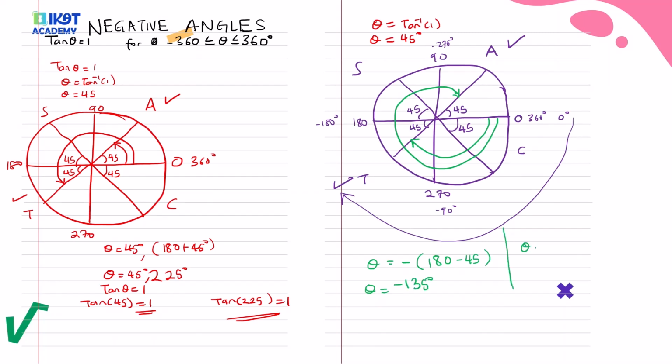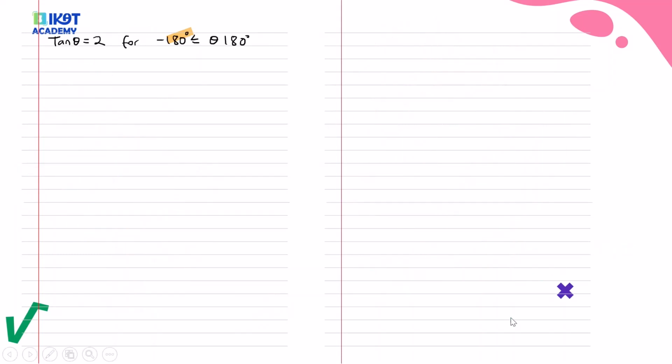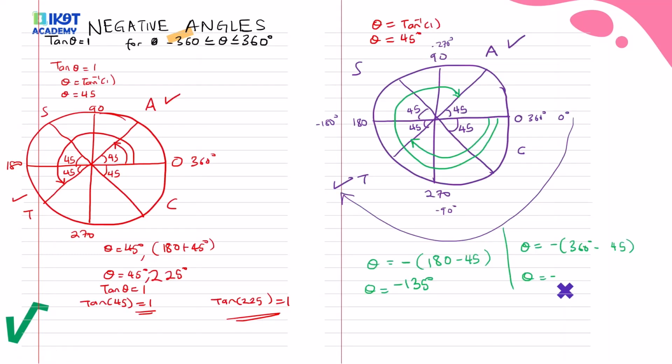Also, theta is equal to, for this one, negative 360 minus 45. This is negative 315 degrees.